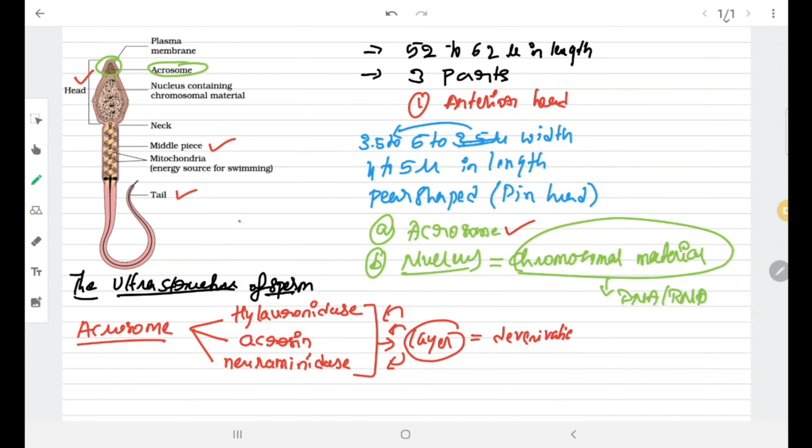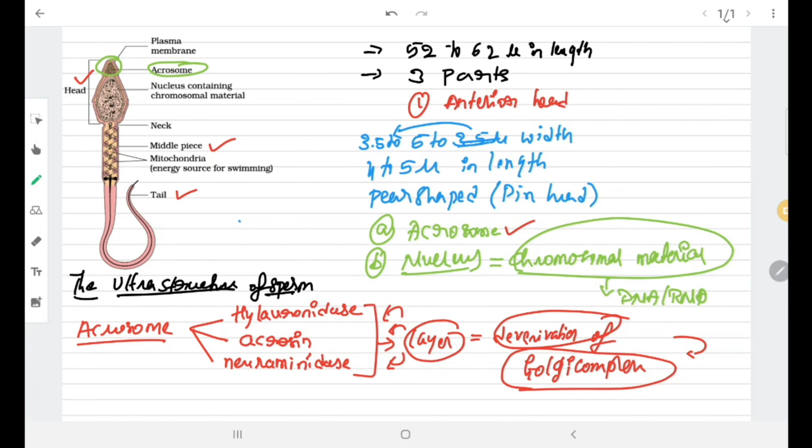So the hyaluronidase, acrosin, and neuraminidase are derivatives of the Golgi complex. This might be asked in your NEET paper, so please focus on this matter, acrosome.